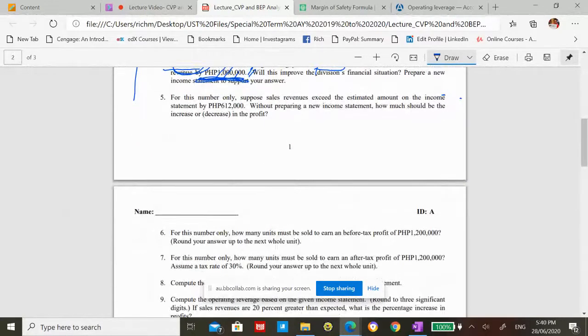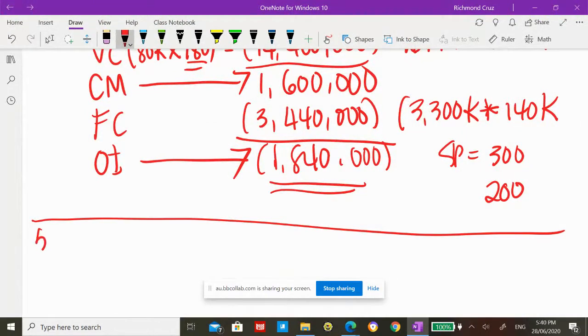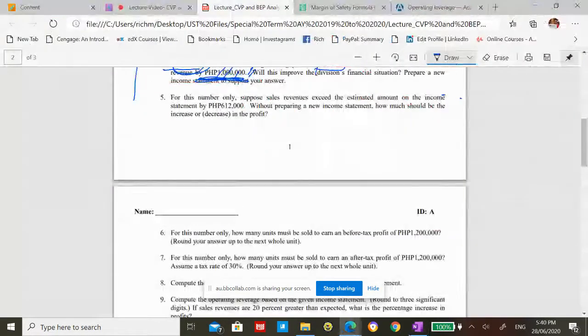Okay, so, number 5. For this number only, suppose sales revenue exceeds the estimated amount on the income statement by 612,000. Meaning, instead of 15 million, it becomes 15,612,000.